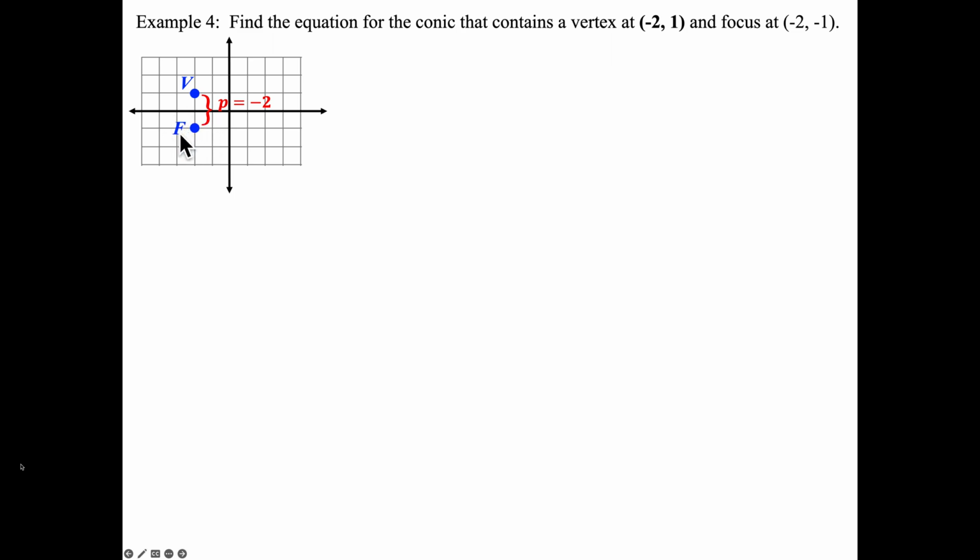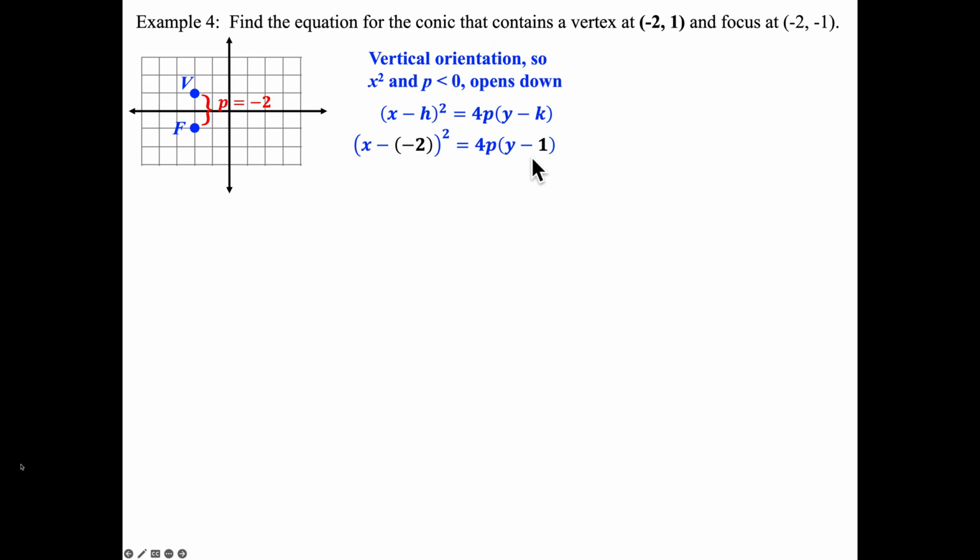Since it's opening down, we're going to use our equation x minus h quantity squared equals 4p times y minus k. And p equals negative 2, we can substitute that in right here. And our vertex was at negative 2, 1, so negative 2 minus negative makes that a plus 2, y minus 1.